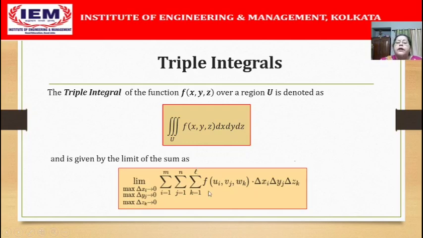And here, this (u_i, v_j, w_k) is a point in the elementary rectangular box with dimensions delta x_i, delta y_j, and delta z_k in the x, y, z directions respectively.